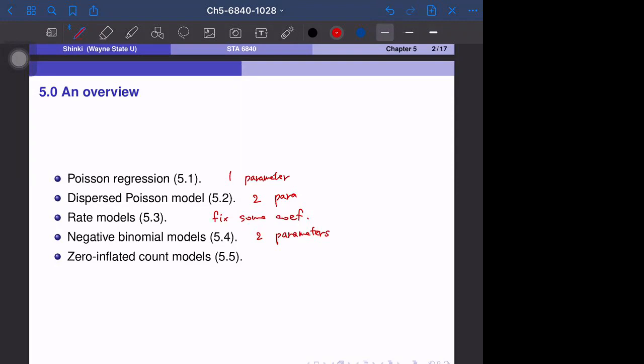So most of the days it's 0. So that is added to the structure of Poisson regression or negative binomial regression. So basically we add one more parameter to boost the probability of y equal to 0.